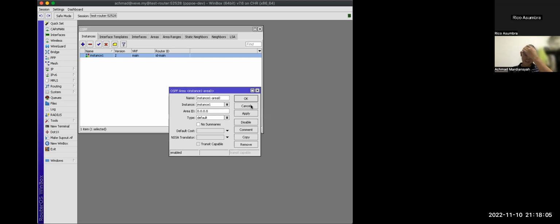This is area 0. You can put the area there. Here's the instance, and also here's the type: NSSA, and then stub area. Stub area means you're not allowed to put external routes in your area. Not so stubby means you can; that's the only difference.